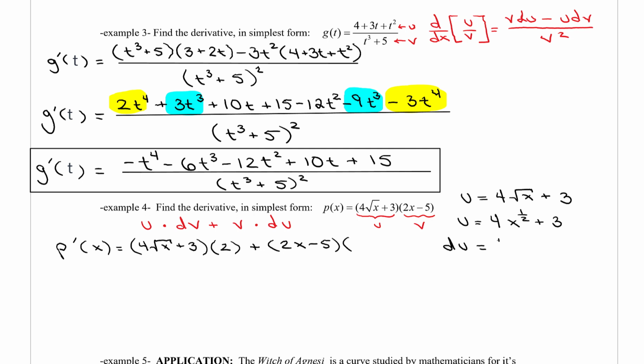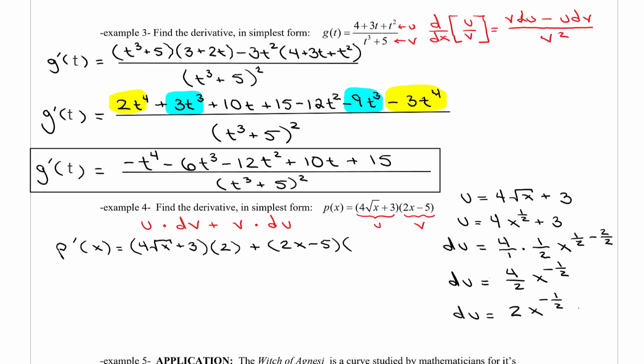So du will be equal to 4 over 1 times 1/2 x raised to the 1/2 minus 2/2 power. And so if I simplify that out, du will be equal to 4/2 x raised to the negative 1/2 power. So du is equal to 2x raised to the negative 1/2 power.